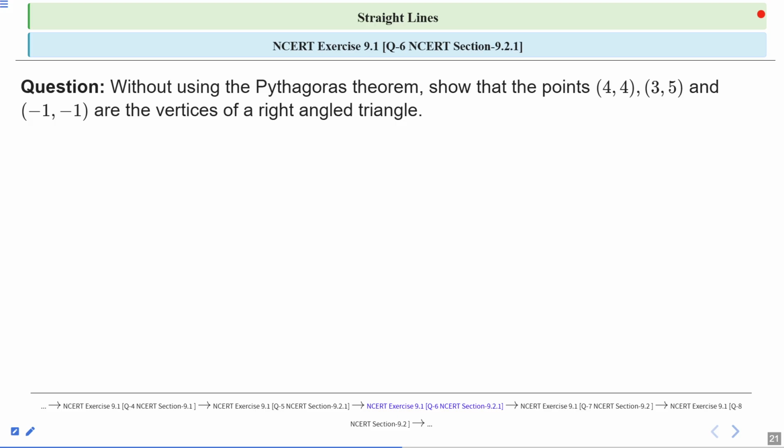We have to show that the points (4, 4), (3, 5) and (-1, -1) are the vertices of a right angled triangle. So students, first of all, try it yourself and then see the solution. You have 40 seconds to try to solve this question, and then we will provide the solution.